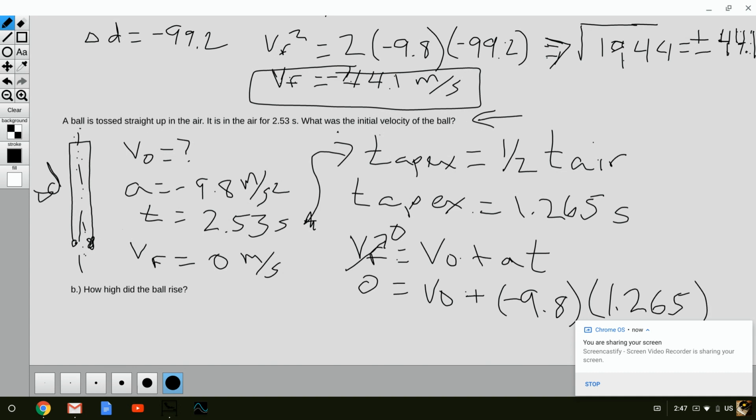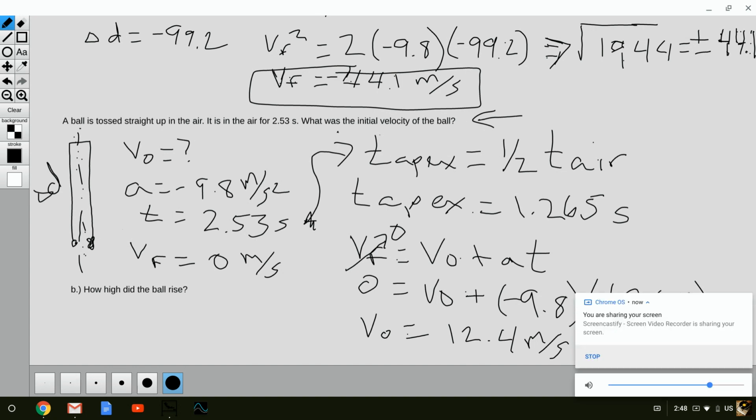Now, if I punch that into the calculator real quick, we get 12.4. Initial velocity of 12.4 meters per second.